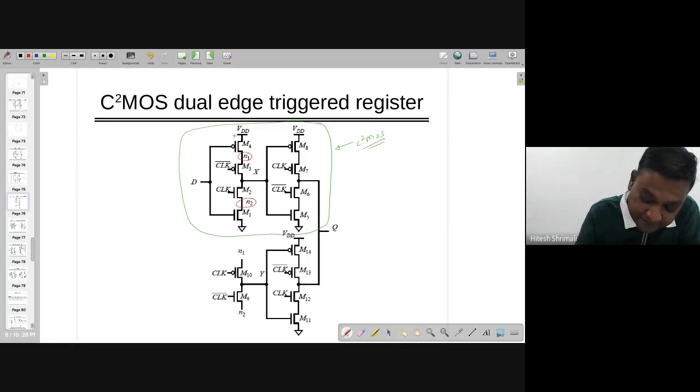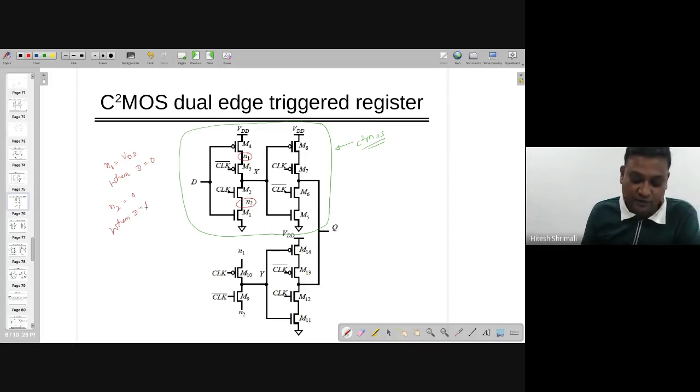Notably, N1 equal to VDD when D equal to 0, and N2 equal to 0 when D equal to 1. So those values will be available and fed over here. N1 is going to be connected over here and N2 is going to be connected at the other side.